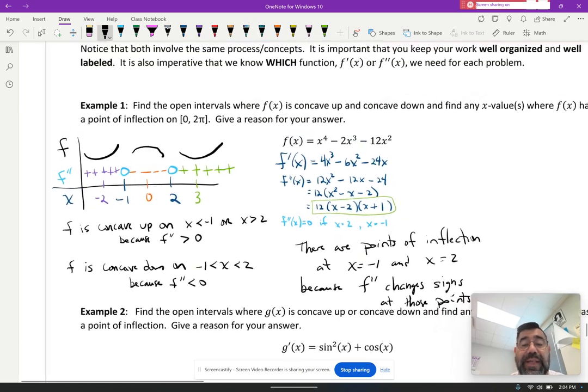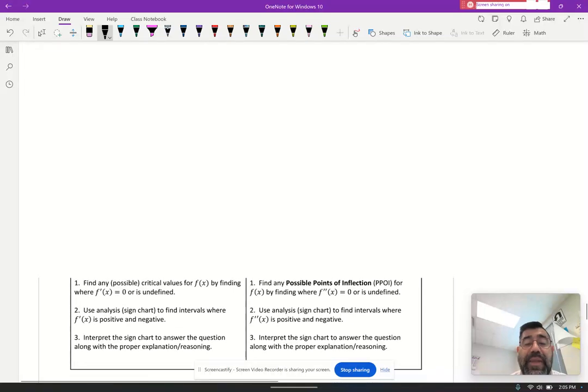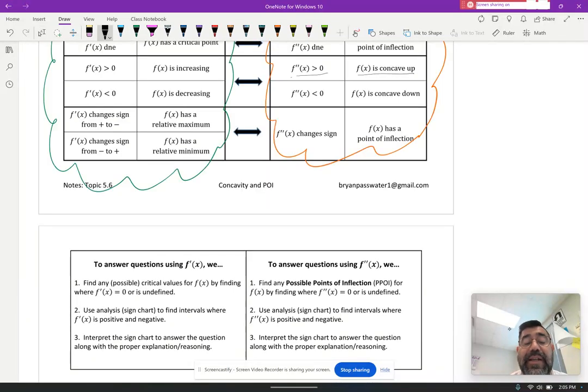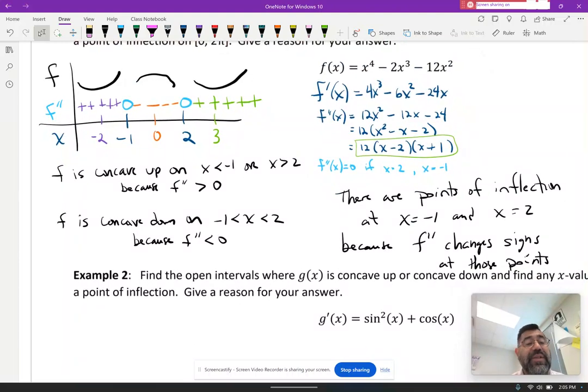Remember, we were told in the first page, I'm sorry if I'm going fast, that if the second derivative changes sign, then I know there's a point of inflection. Well, it did change signs. The second derivative changed signs from positive to negative, and from negative to positive at these 2 points. So that's how I know there's a point of inflection.